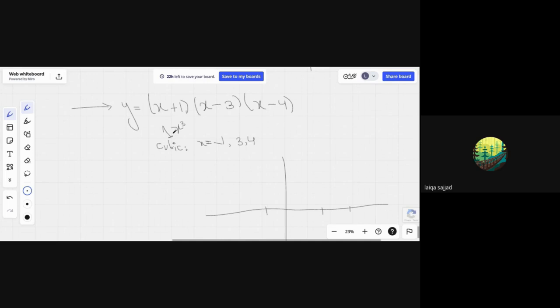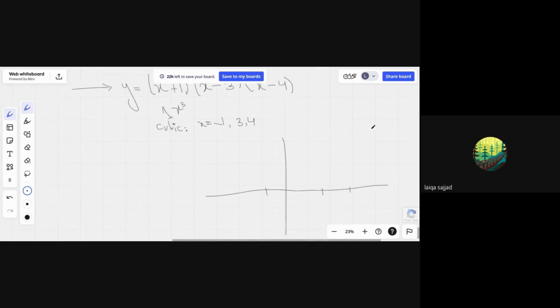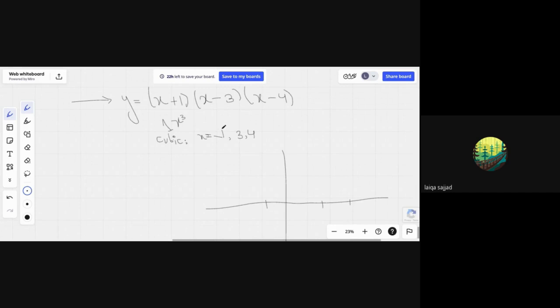It has a positive coefficient and the power is also odd. So you will start from this point. And is it giving you the x-intercepts or the turning points? Do they have an x-intercept? Yes, these are the x-intercepts because all of them have a power of 1.